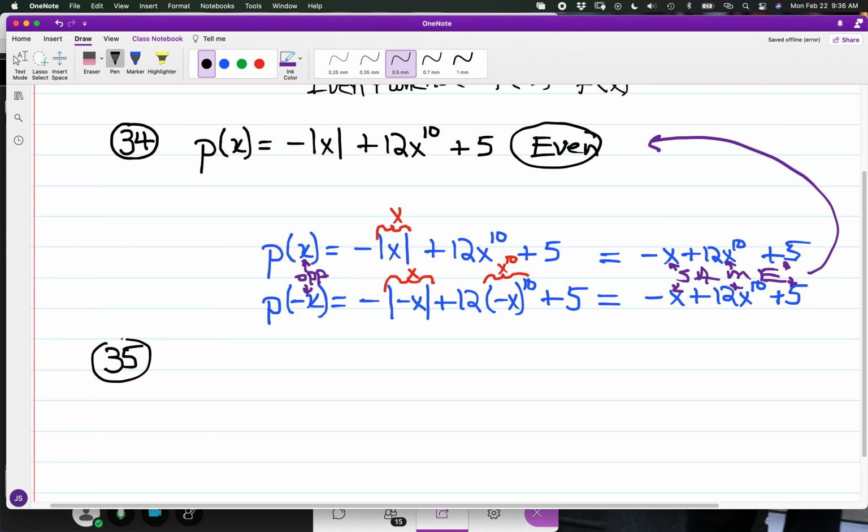we have our function given as k of x, and here k of x is equal to 13x cubed plus 12x.